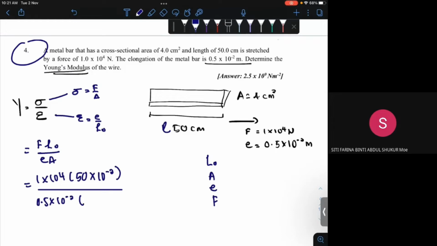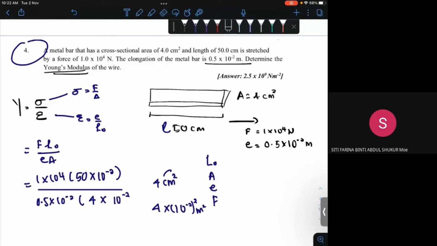And then area, 4 cm square. Centi has exponent negative 2. But now we have centimeter that is squared. So what is going to happen is that this square does not only belong to your meter, we square the centi too. So the centi's negative 2 belongs to meter square as well, so we have to square it too.